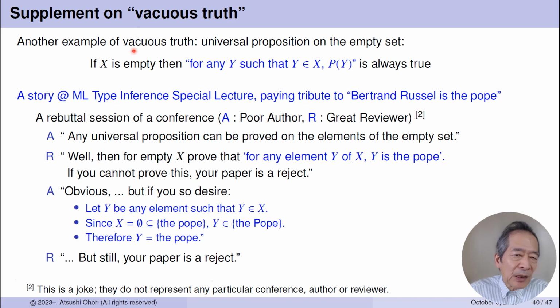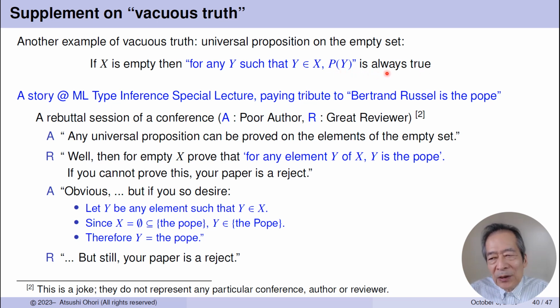A supplement on vacuous truth. Vacuous truth originally, in our case, is a universal proposition on the empty set, right? This is another example of vacuous truth. If X is empty, then for any Y such that Y is in X, P of Y is always true, where P is some predicate.